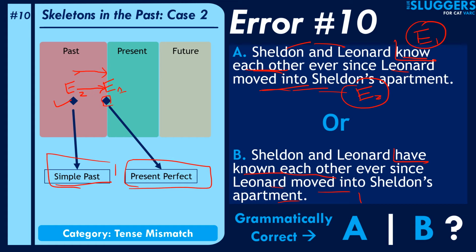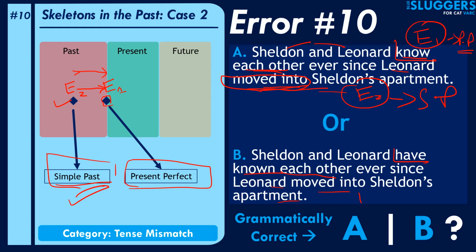So for event one, the verb is know each other. For event two, it is moved into Sheldon's apartment. Event two needs to be in simple past, which makes sense. Moved into apartment is simple past. That's fair. But event one, which is know each other, should be in your present perfect form, which it is not. This simply says know each other. In fact, they know each other is a simple present form, the simple present tense, right? So it needs to be in present perfect form.